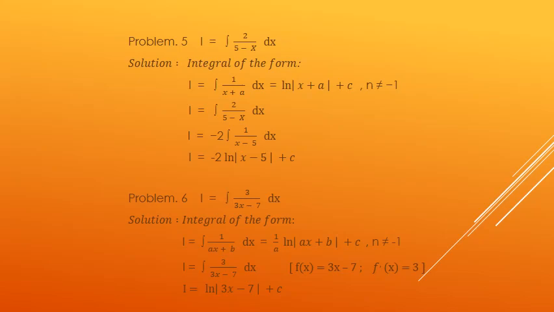We take the solution by using this integral form: the integral of 1 upon x plus a dx equals ln mod x plus a plus c, and n is not equal to minus 1. So here we have the integral 2 upon 5 minus x dx.